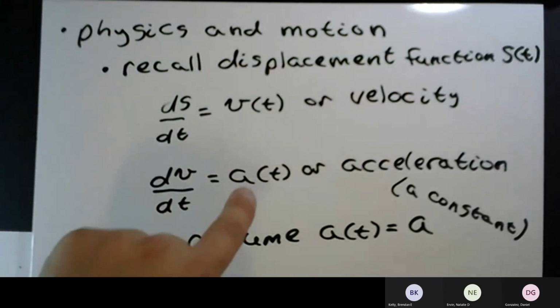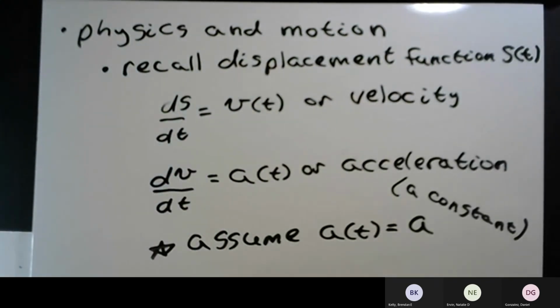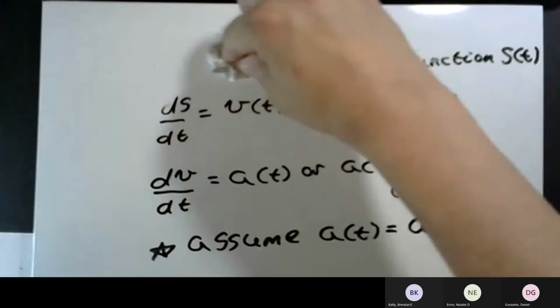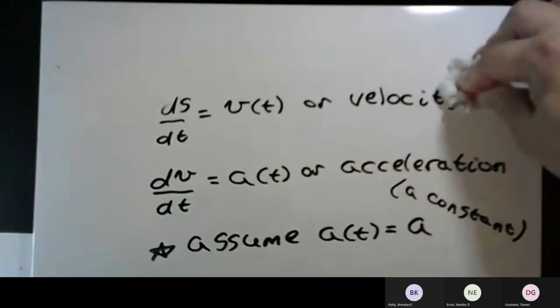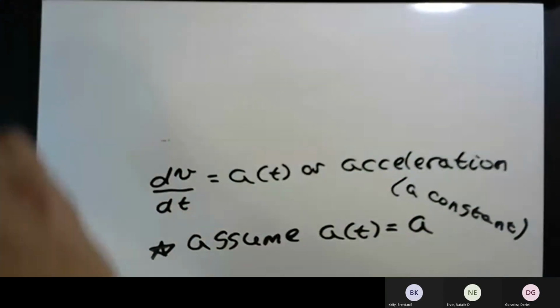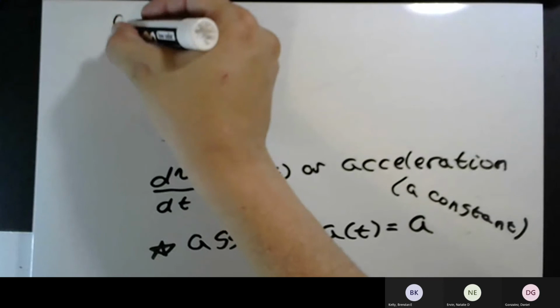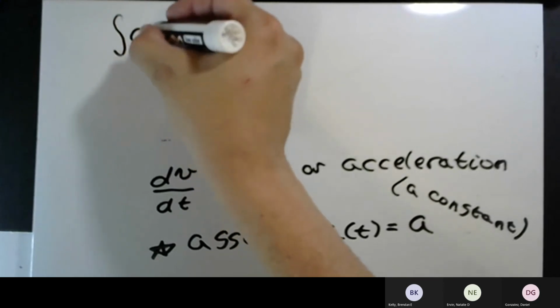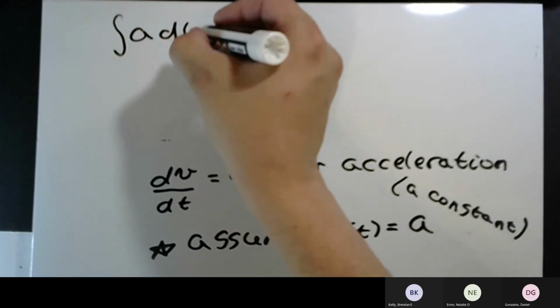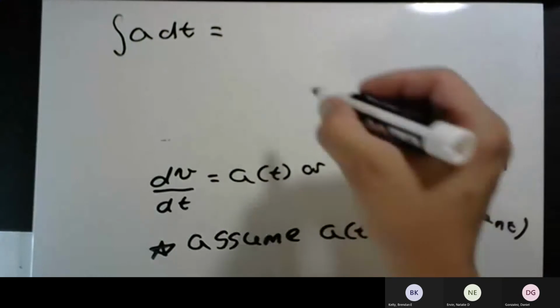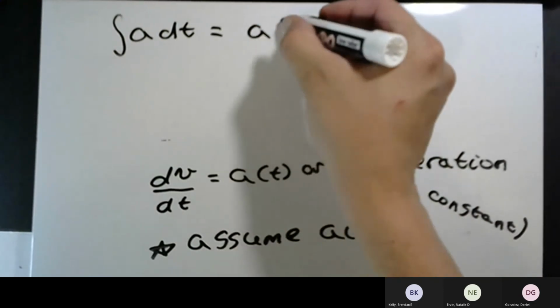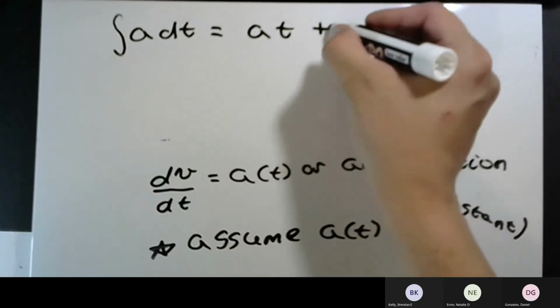Changing velocity gives you acceleration. Now we're going to integrate not with respect to x, but with respect to time. And what we're going to get is AT plus C.